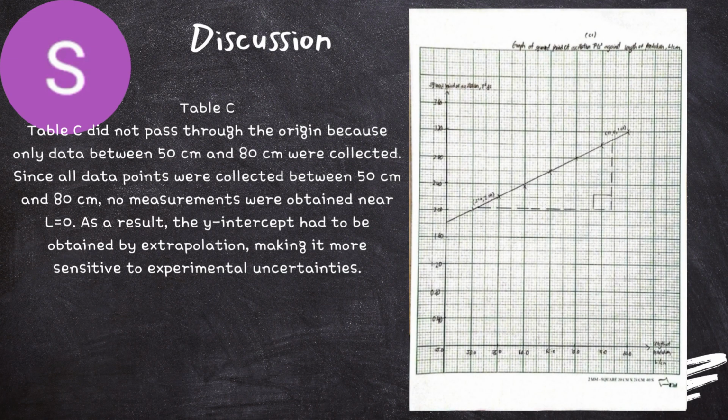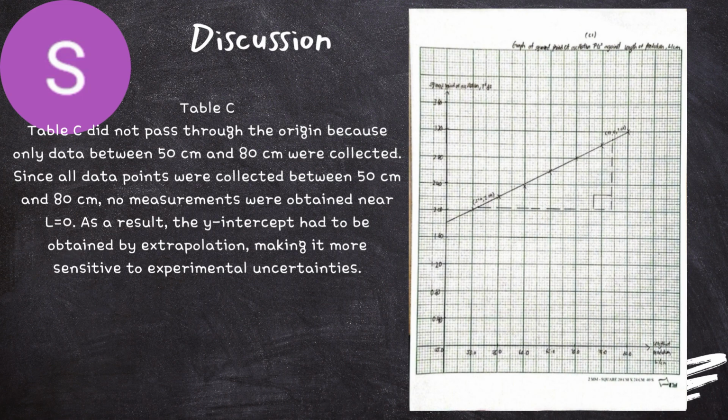For the example of Table C, the graph did not pass through the origin because only data between 50 cm and 80 cm were collected. Since all data points were collected between 50 cm and 80 cm, no measurements were obtained near L equal to 0.